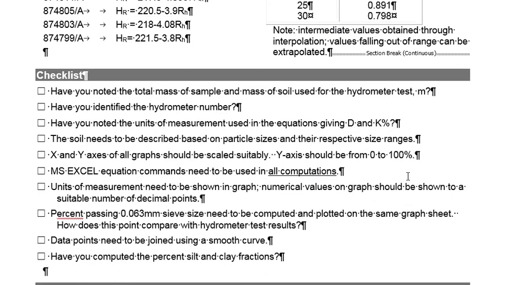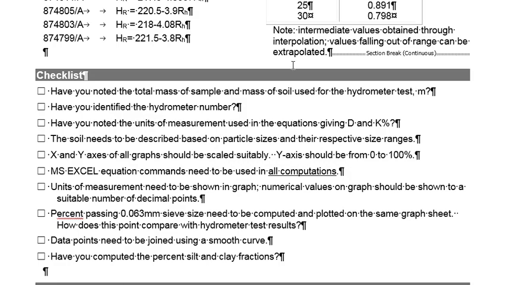So I have given you the checklist in order to ensure that you have completed these items in the Excel sheet, which I will show you in a moment. So this will help you to enter your results on the Excel sheet and also do the computations and also present your output. Okay, let me show you the Excel sheet now.